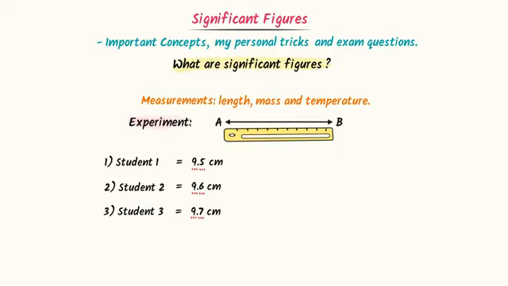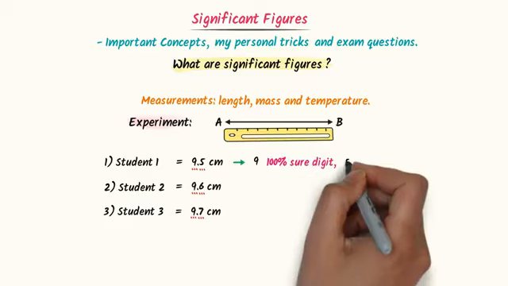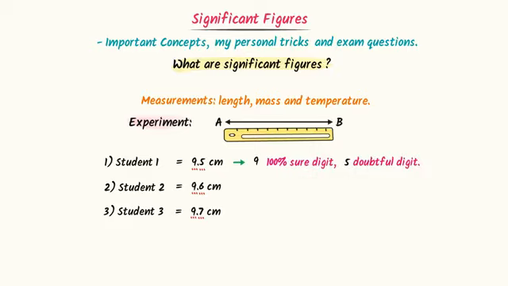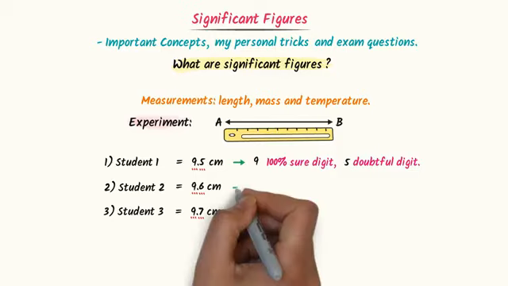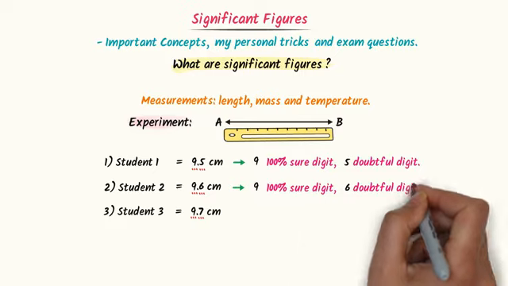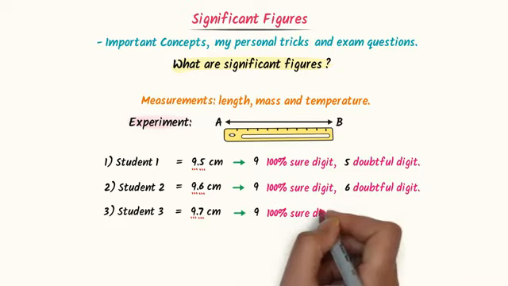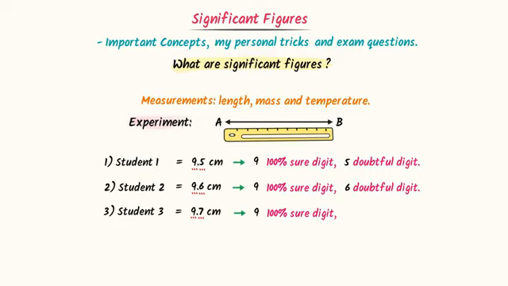In first measurement, here 9 is 100% sure digit, but 5 is doubtful digit. In second measurement, 9 is again 100% sure digit, but 6 is doubtful digit. In third measurement, 9 is again 100% sure digit, but 7 is doubtful digit.